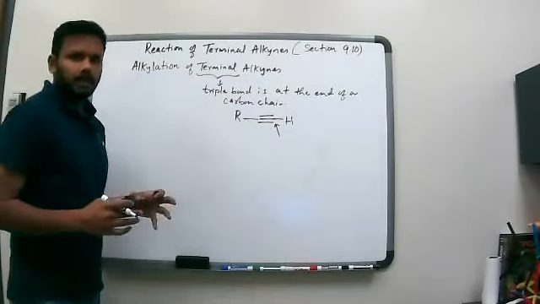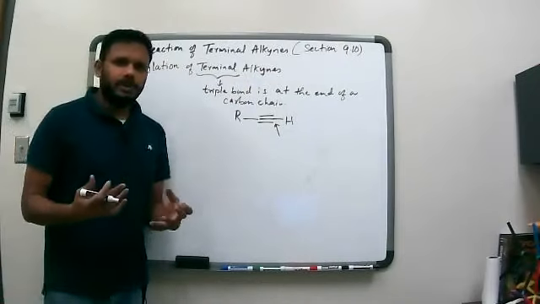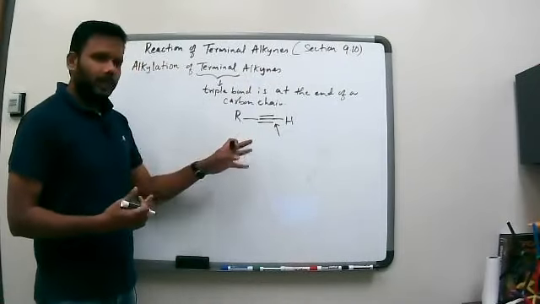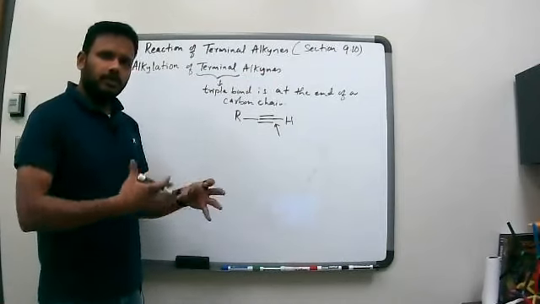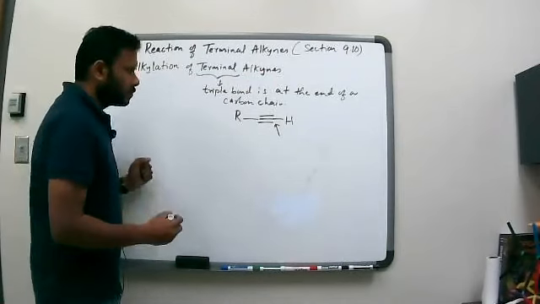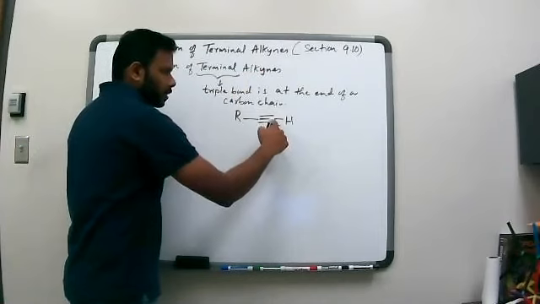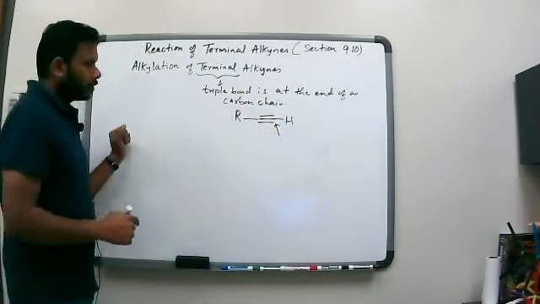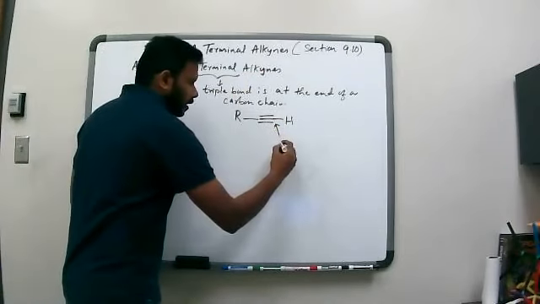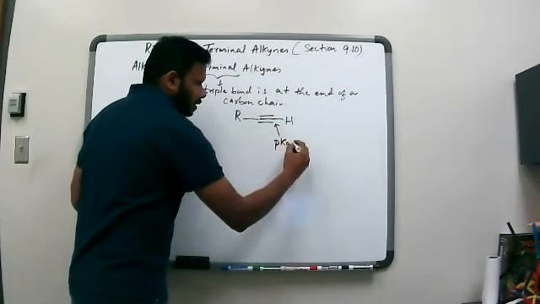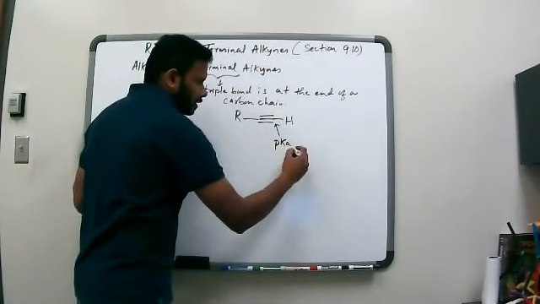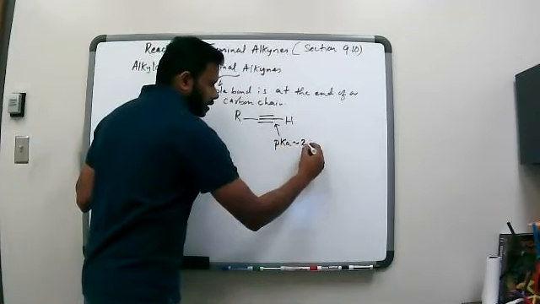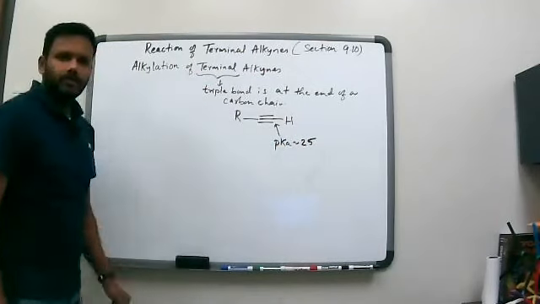Now, terminal alkynes present a very unique opportunity in terms of doing reactions. That's because this hydrogen is acidic. The pKa of this hydrogen, not that carbon, is about 25.